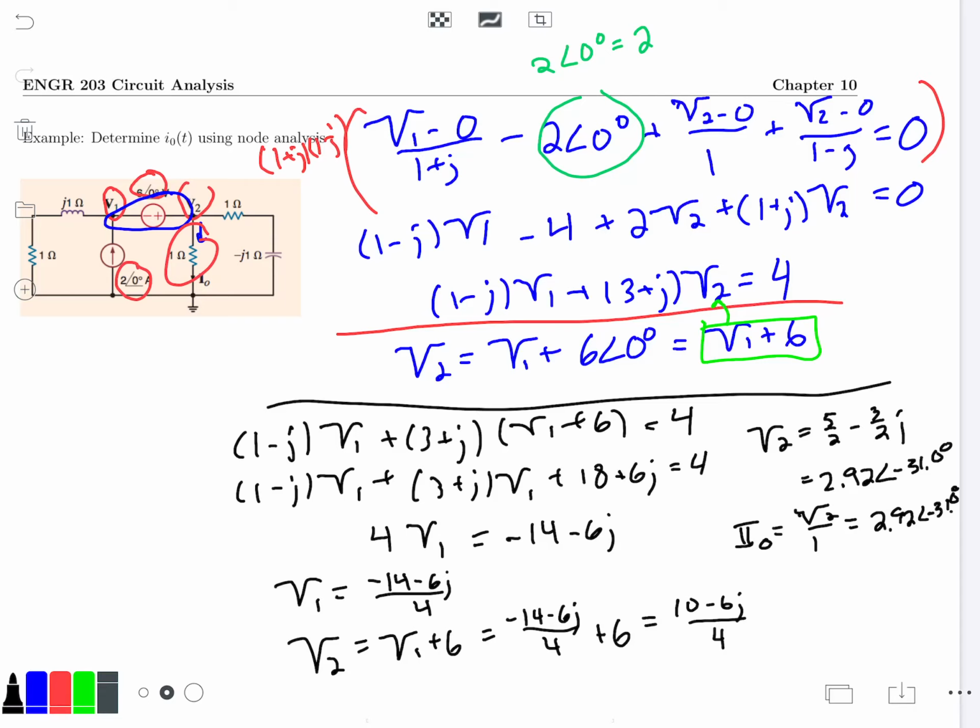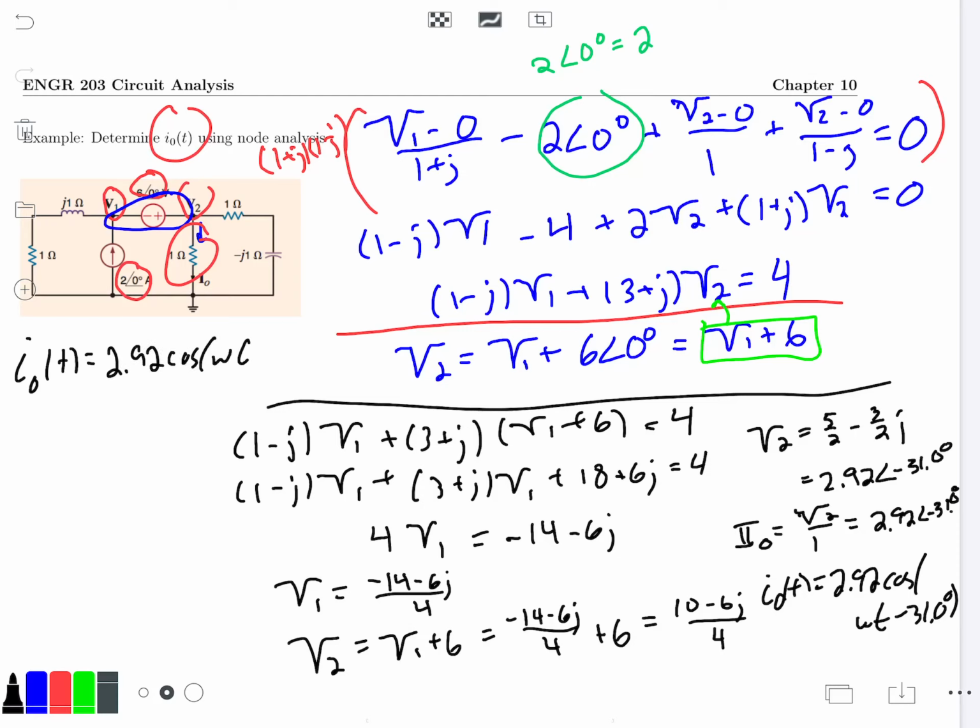And then I need I0 of t, because they didn't ask us for I0 phasor, they asked us for I0 of t. And so I0 of t then would be 2.92 cosine omega t minus 31.0 degrees. Maybe I'll write it a little nicer over here. I0 of t is 2.92 cosine omega t minus 31.0 degrees. This is amps.